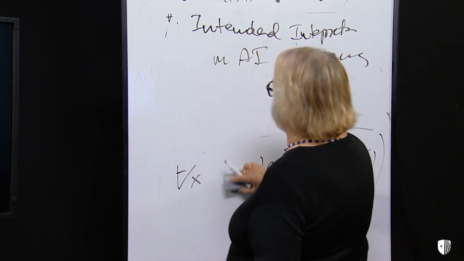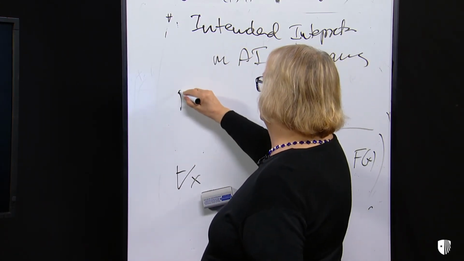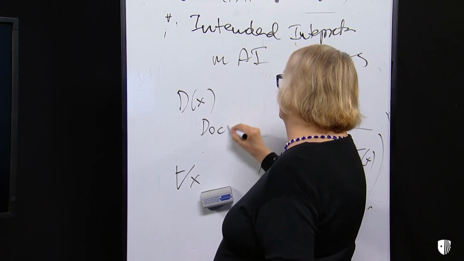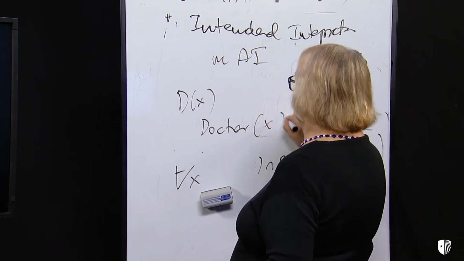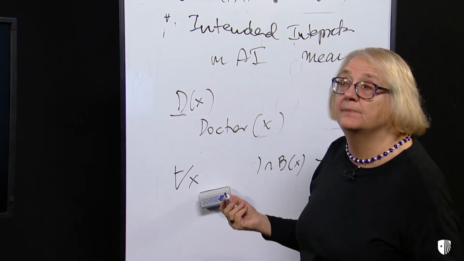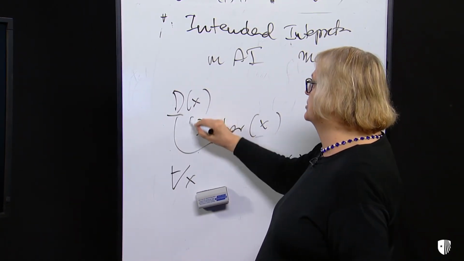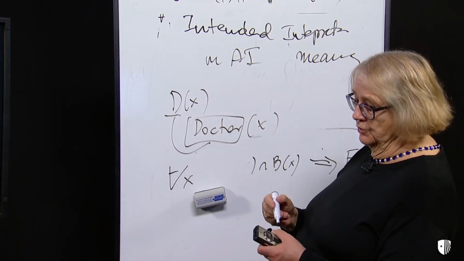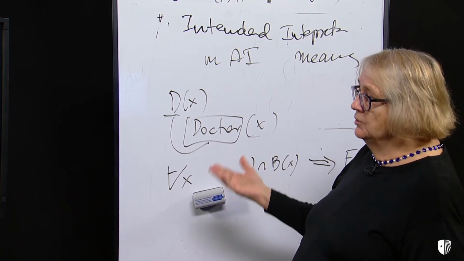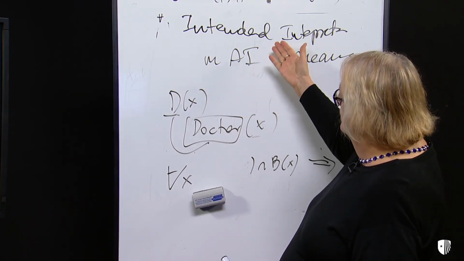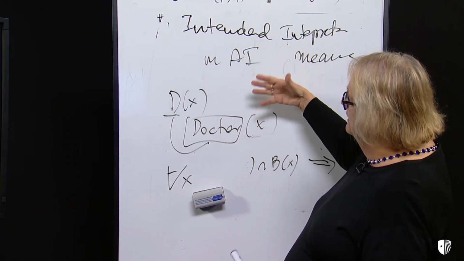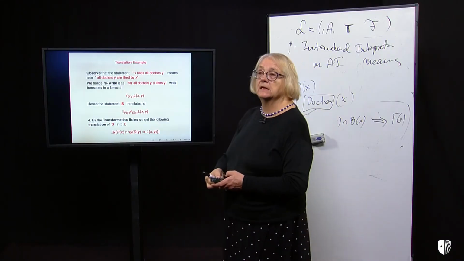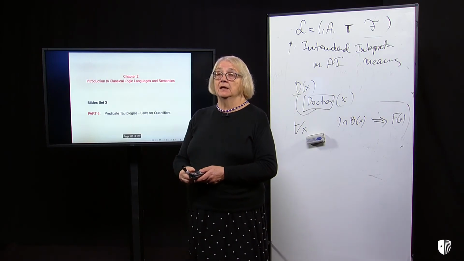Instead of using D(x) for doctor, you can write Doctor(x), because D is a symbol, but the intended interpretation of that symbol would be a doctor. So when you live in special universes, you can use the full names and so on. We'll discuss it later.